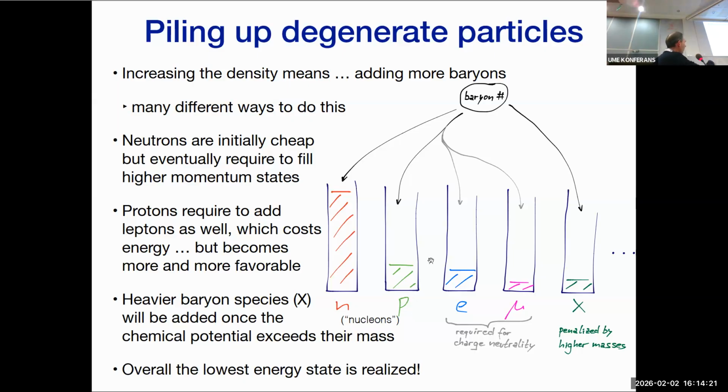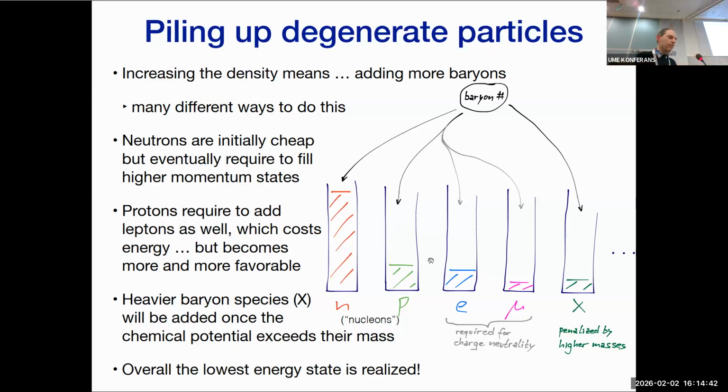Or if you then pile up to high energies, it gets expensive, right? And so what nature does, it distributes this to go to the lowest energy state. And so if you have many particles here, somehow you can lower the energy. That's what typically people call softening.